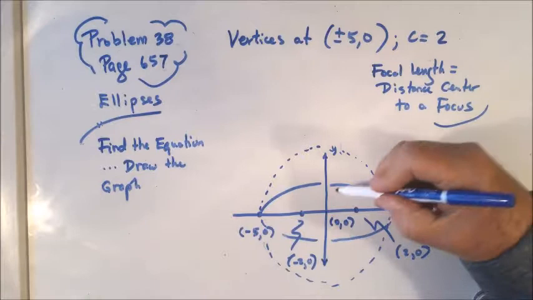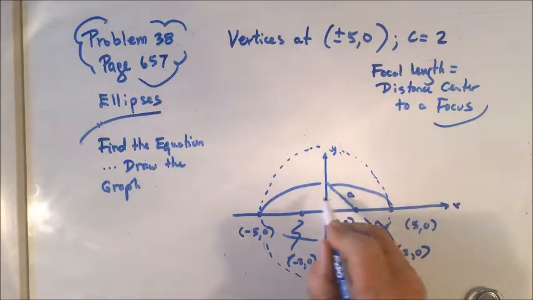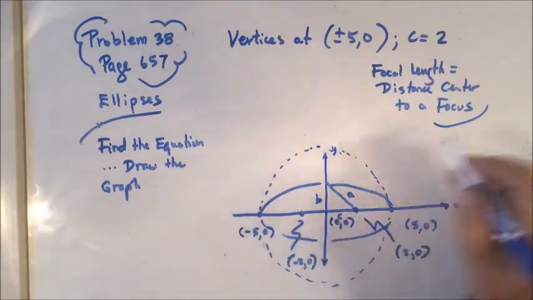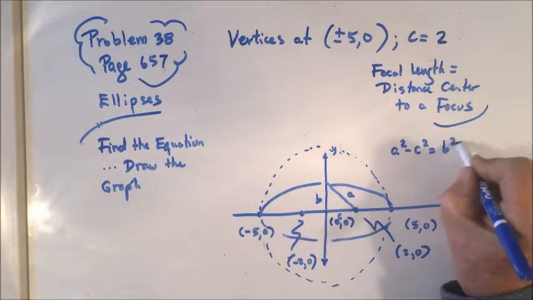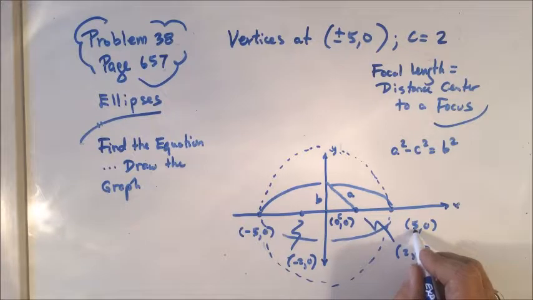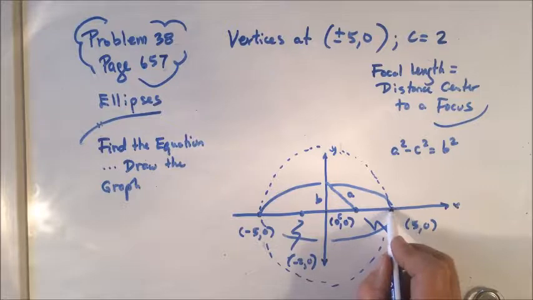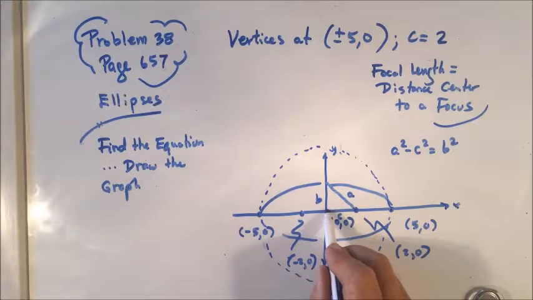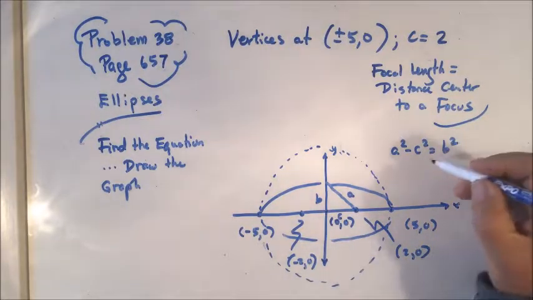And all we've got to do is find this quantity. We're going to call this a, this b, that c. We're looking for b, so by the Pythagorean theorem, a squared minus c squared is going to be equal to b squared. We've got a equal to 5, because 2a is the length of this major diameter, so the center to this vertex is the distance a, and that's 5, right?